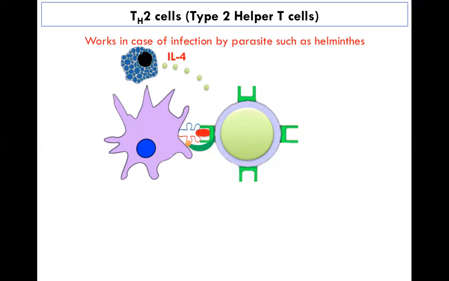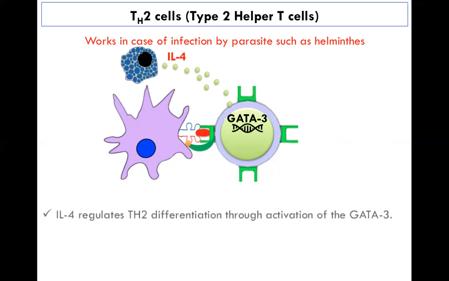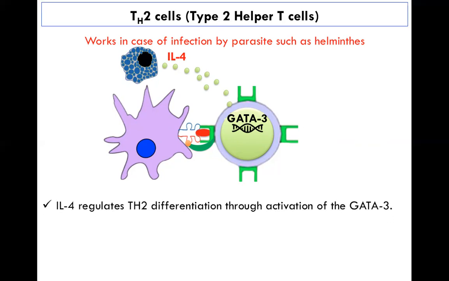And again, as we learned in the last case, they involve the transcriptional activity of a transcription factor. In terms of type 2 helper T cells, they activate the transcription factor GATA3. So they get activated, and now these cells will differentiate into TH2 cells. IL4 regulates TH2 differentiation through the activation of GATA3.